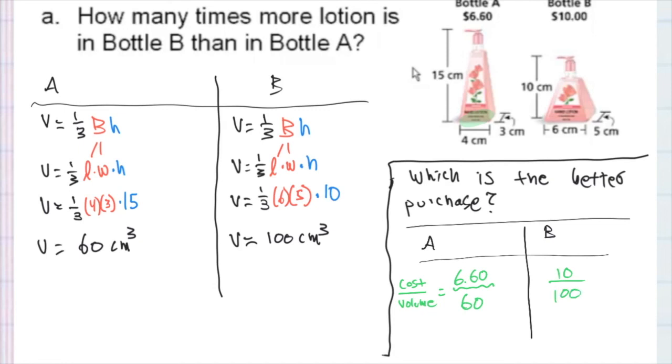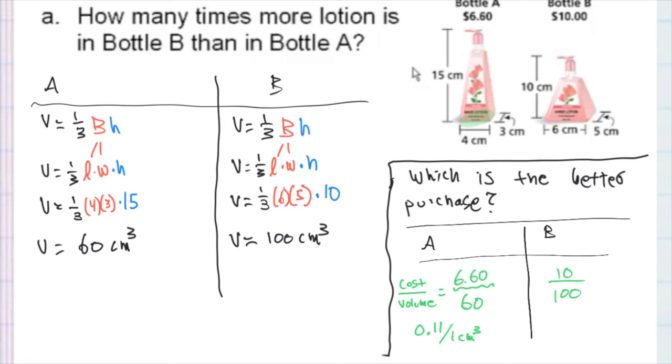And when we reduce those, it means that for bottle A, it's about 11 cents per 1 centimeter cubed. So all I'm doing is 6.60 divided by 60. You get 0.11.